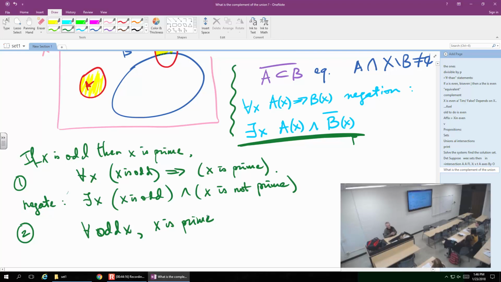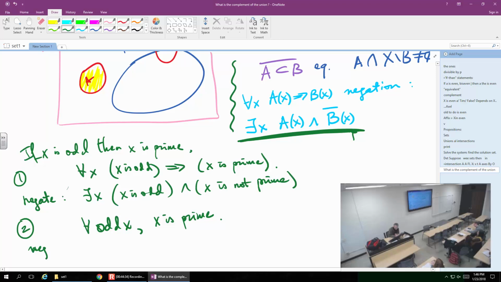It's the same statement, but there is no if-then. For any odd x, x is prime, so that's the statement. And then think about it, we know how to negate those. Those are easy to negate, right? Because it's "for any" followed by the statement. So how do I negate this? That's right, there is an odd x, x is not prime.